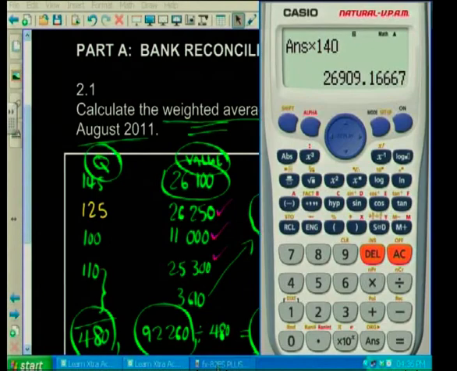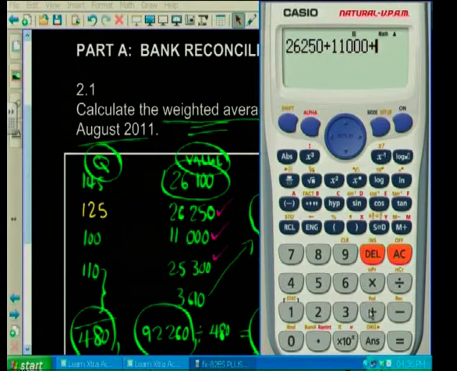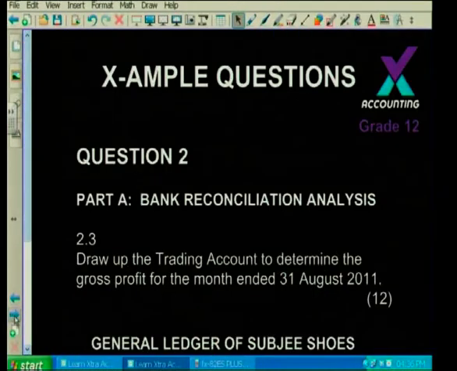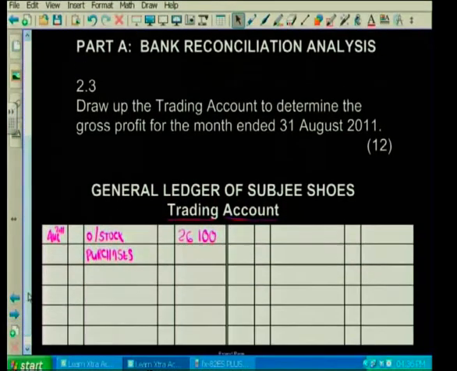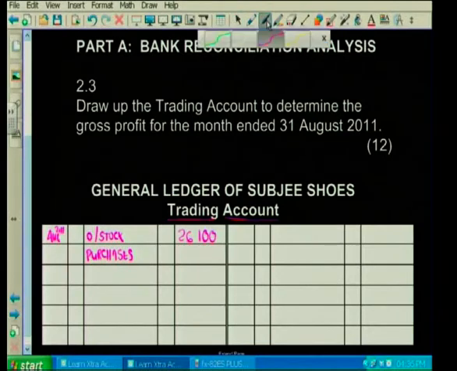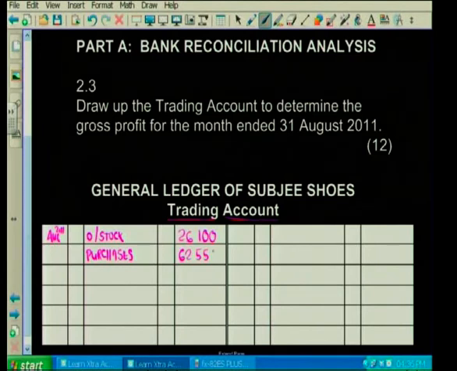So let's do that. 26,250 plus 11,000 plus 25,300 and 62,550.